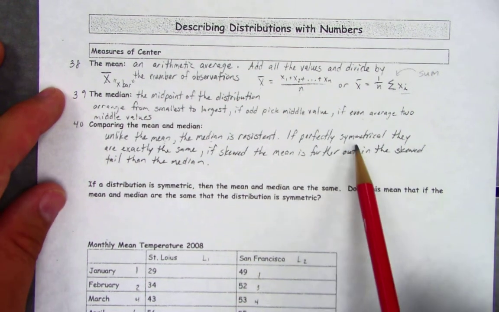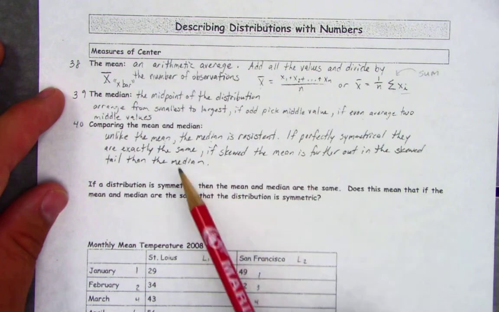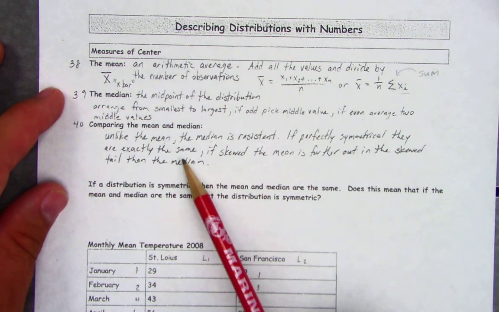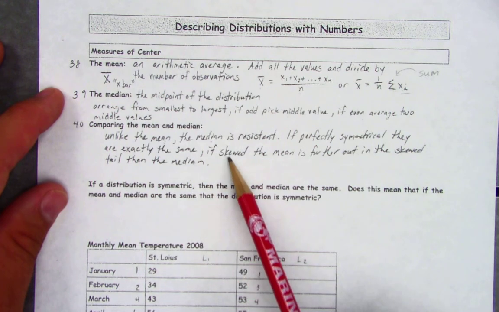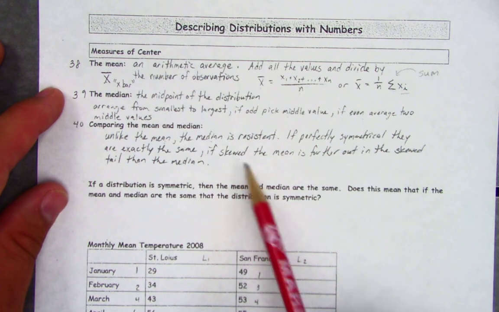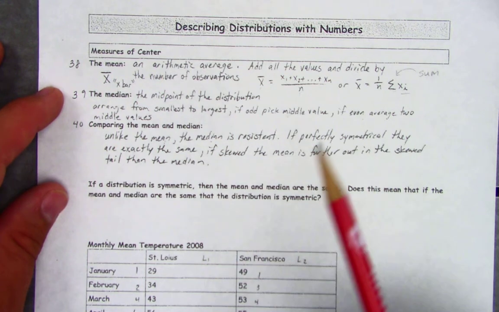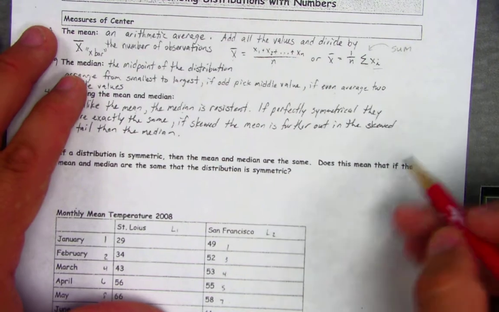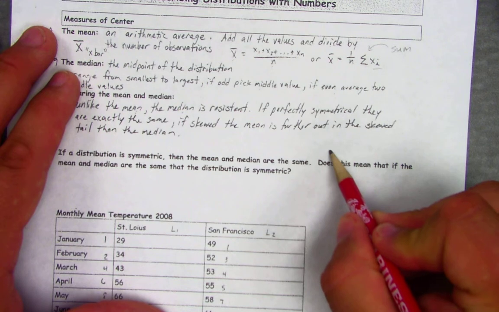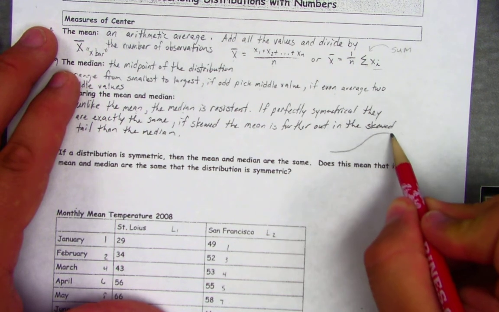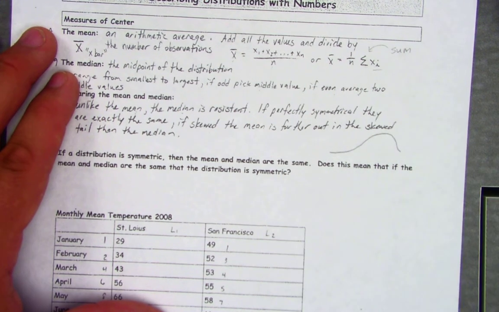If the data is perfectly symmetrical, the mean and the median will be exactly the same. If our data is skewed, the mean is further out in the skewed tail than the median. So if you look at a picture, let's say we had skewed left, which if you remember looks something like that.